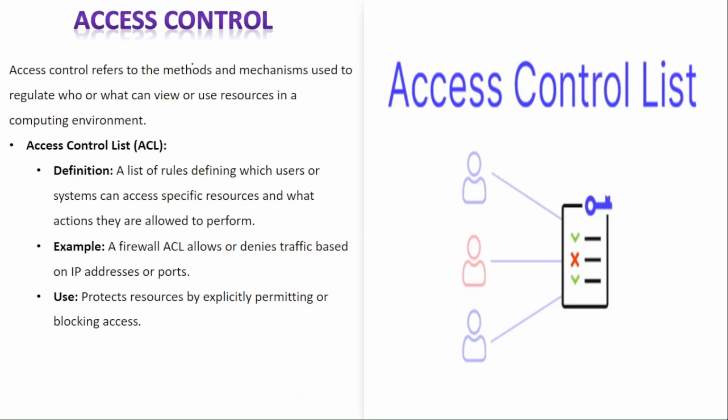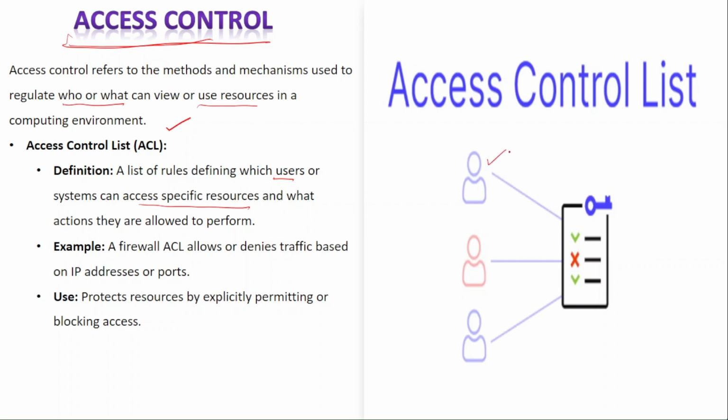So the next mitigation technique is access control, or the access control list. Access control refers to the methods and mechanisms used to regulate who or what can view or use resources in a computing environment. Access control is applied through an access control list, which is a list of rules defining which user or system can access specific resources and what actions they are allowed to perform.